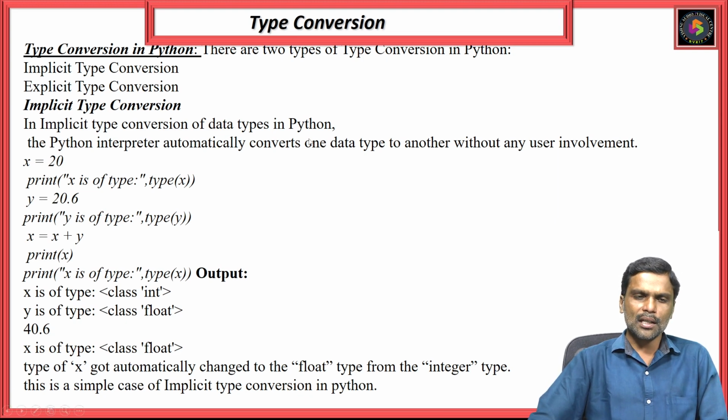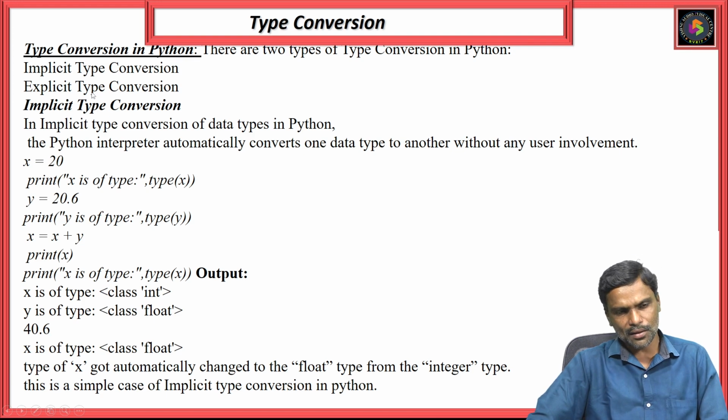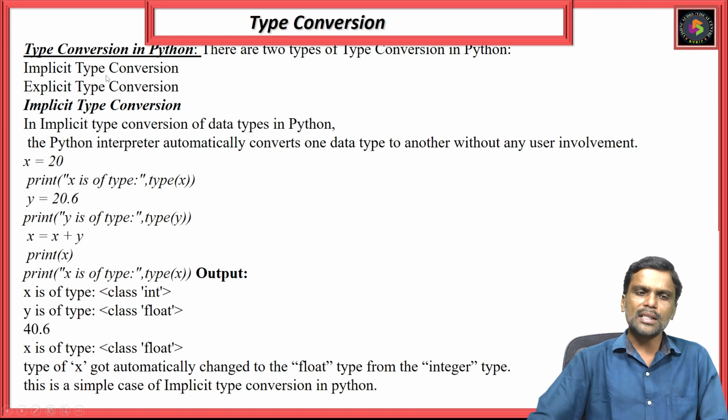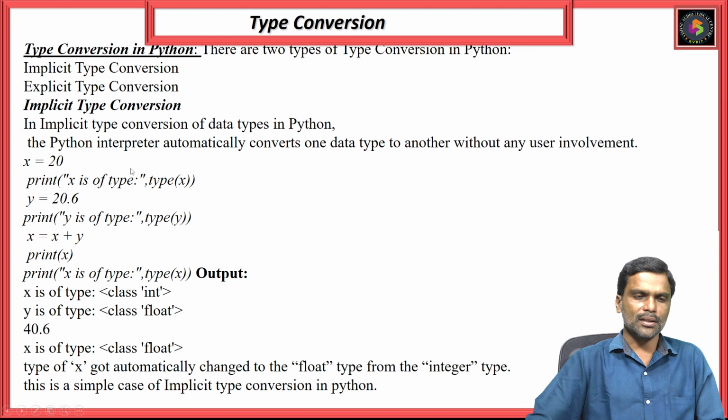Here we have two types of type conversion. The first one is implicit type conversion and the second one is explicit type conversion. Let us see what they are. In implicit type conversion of data types in Python, the Python interpreter automatically converts one data type to another data type without any user involvement.